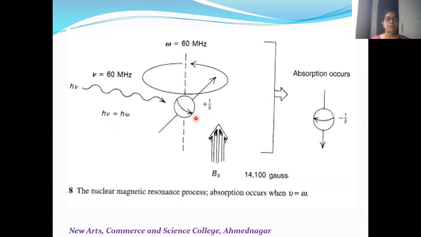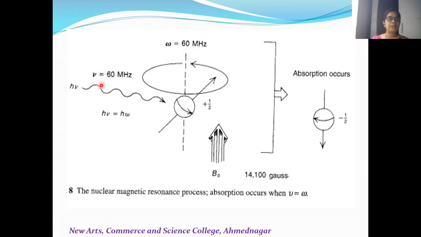The spinning nucleus will start precessing under the influence of the external magnetic field and it will have a certain precessional frequency. If we provide radio frequency radiations of that frequency, let us see this. In this case, the precessional frequency is 60 megahertz. Precessional frequency is represented by omega.